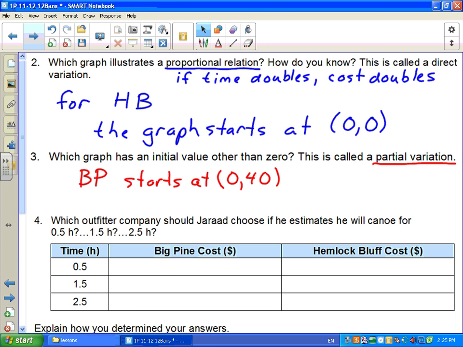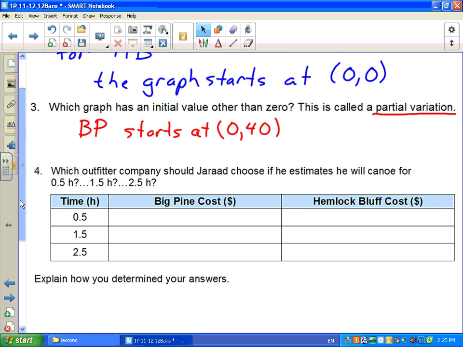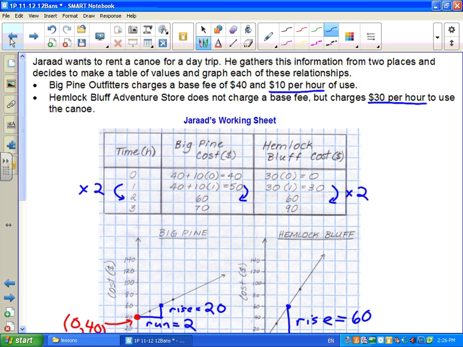Okay? So let's take a look at question 4 here. Which outfitter company should Jared choose if he estimates he will canoe for a half hour, 1.5 hours, 2.5 hours, etc.? So we can just fill in this table here, working out our costs. Now, how can we figure out the cost for half an hour? What would you try doing? Let's look at our table here. Where would a half hour be on our table?